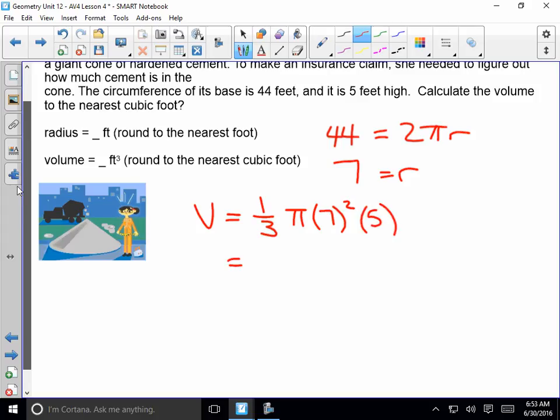We're going to multiply this all out using the pi value: 1 divided by 3 times 7 squared times 5 times pi.